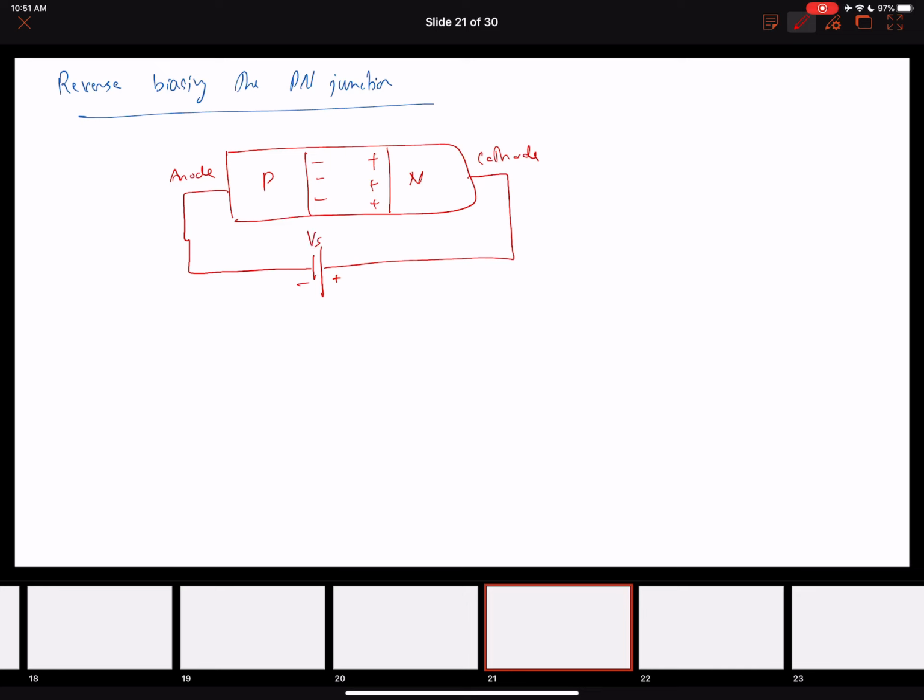Let's call this Vs, and let's call this barrier voltage V0. Now we see that the Vs is in the direction such that it adds to the barrier voltage.